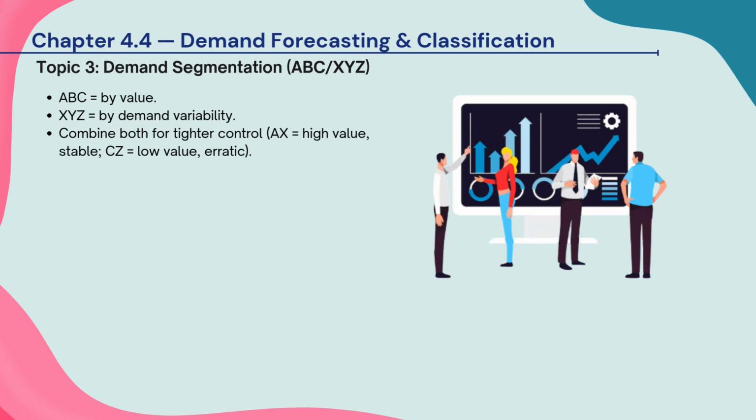Y, moderate variation. Z, highly fluctuating demand. When we combine ABC and XYZ, it helps in better inventory control. For example, AX items, high value plus stable demand, need strict control and accurate forecasting. CZ items, low value plus unpredictable demand, can be managed with simple or flexible strategies.